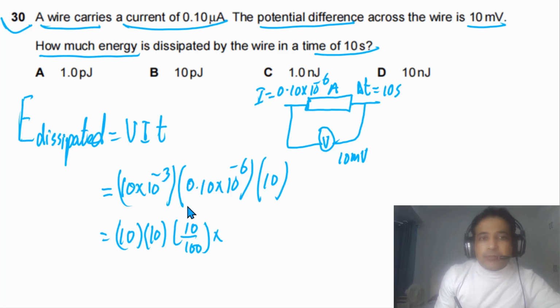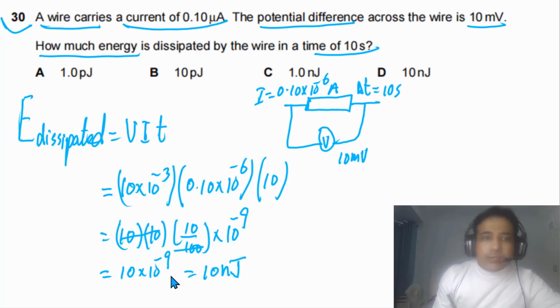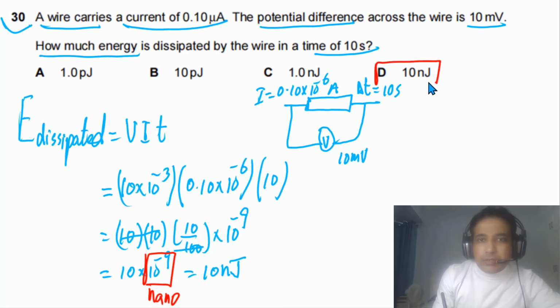For the powers, we have 10 to minus 3 and 10 to minus 6, which means this is 10 to minus 9. Now we can simplify it: this 100 we can cancel, so we are simply left with 10 times 10 to minus 9 joules, and this is equal to 10 nanojoules, because 10 to minus 9 is nano. So the answer for this question has to be D.